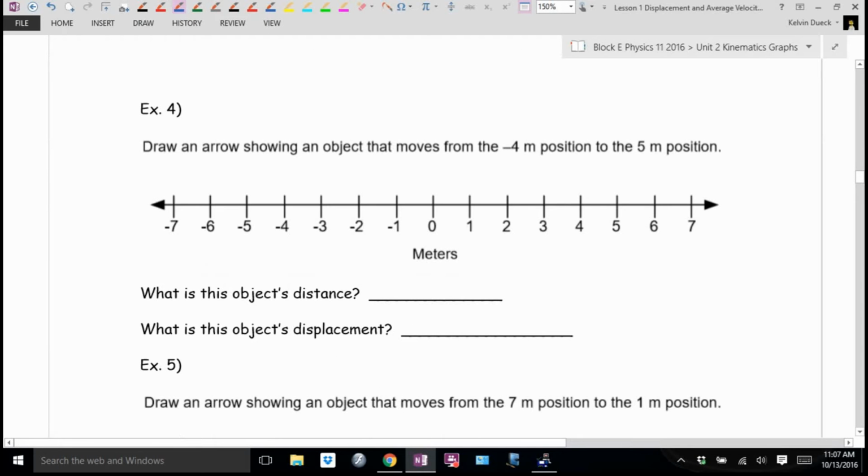Example 4 says, draw an arrow showing an object that moves from the -4 meter position to the +5 meter position. Okay, here's X initial. Here's X final. There's the arrow. And then it says, what's the object's distance?